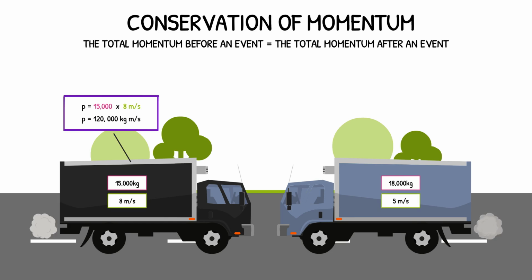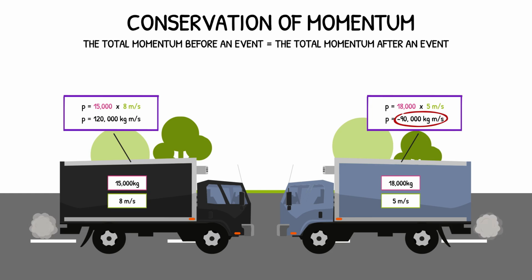This truck has a momentum of minus 90,000 kilogram meters per second. Notice the use of the negative sign. If two objects are moving in opposite directions, we give the momentum of one object a positive sign and the momentum of the other a negative sign. The use of the negative sign here indicates that the momentum of this truck is to the west.